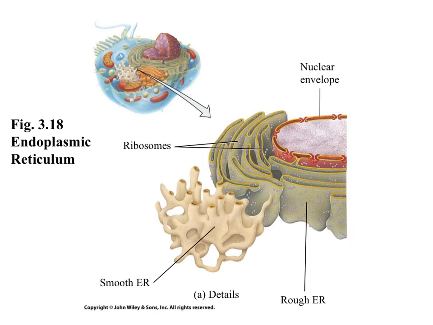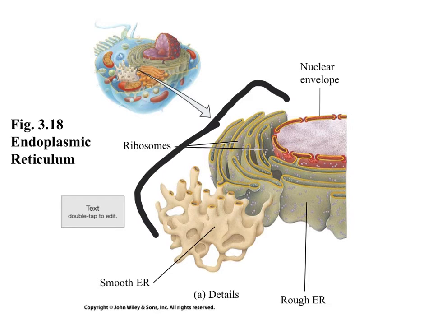Okay, the next organelle that we can talk about inside the cell is the endoplasmic reticulum, which is pictured here. We see the endoplasmic reticulum in this area right here, and the endoplasmic reticulum is split into two different reticulums.